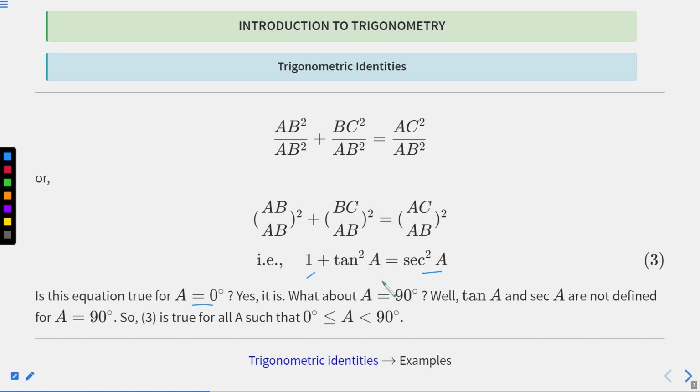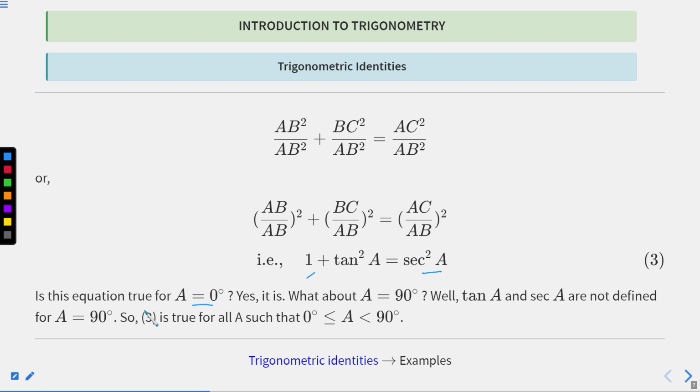And now if we substitute A equal to 0 degree in the right hand side, we get sec square 0 degree, which is equal to 1 by cos square 0 degree, and we know cos 0 degree is equal to 1. So sec square 0 degree is equal to 1. Here the left hand side and right hand side are equal for A equal to 0 degree. So yes, this equation is true for A equal to 0 degree.